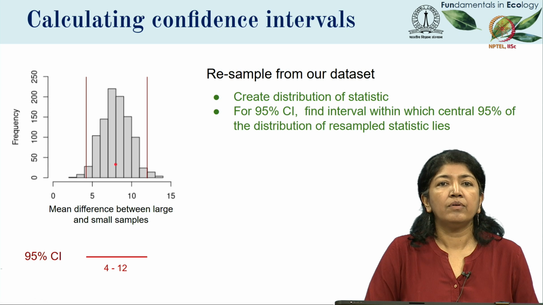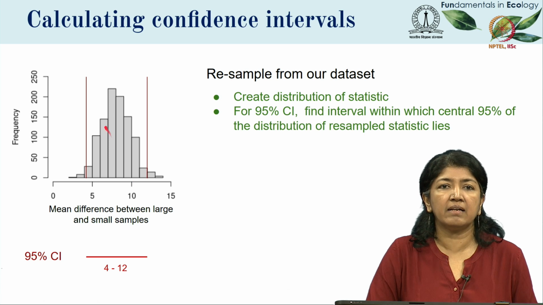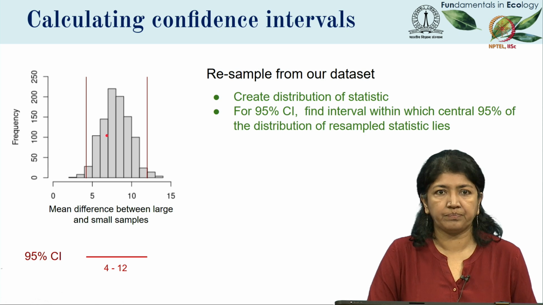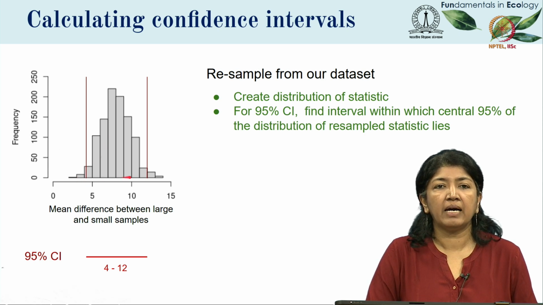Then for, say, a 95% confidence interval, we find the interval within which the central 95% of the distribution of the resampled statistic lies. So, this is called the lower confidence limit and this is called the upper confidence limit.